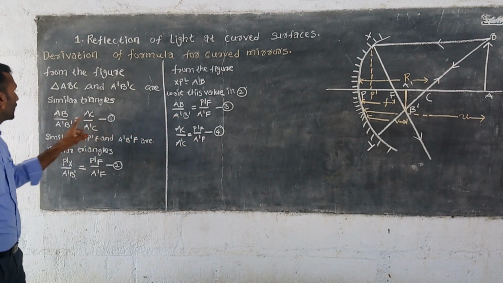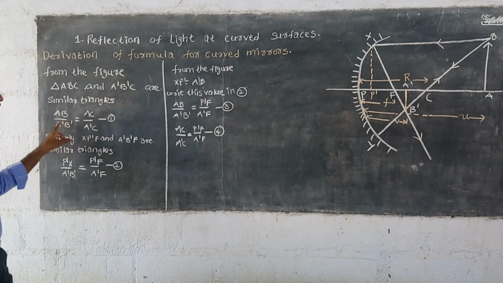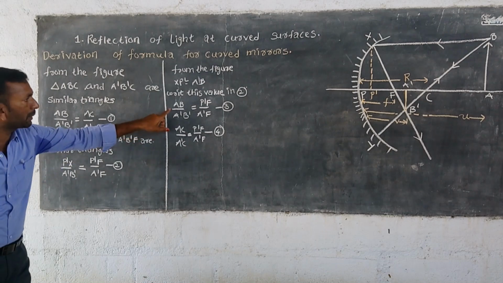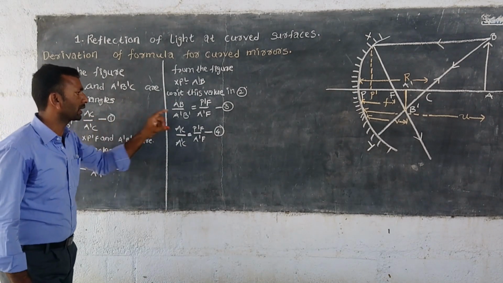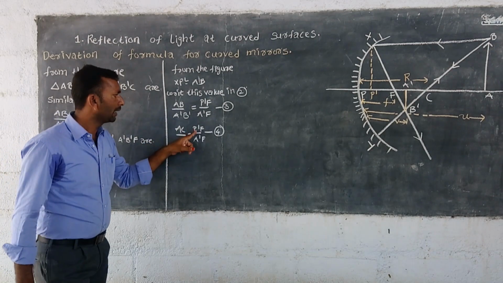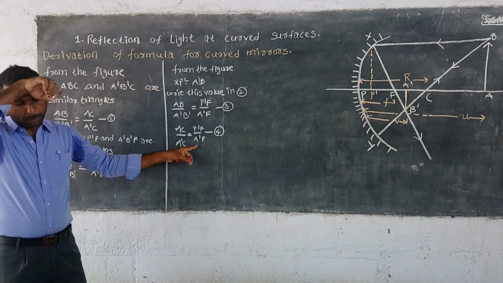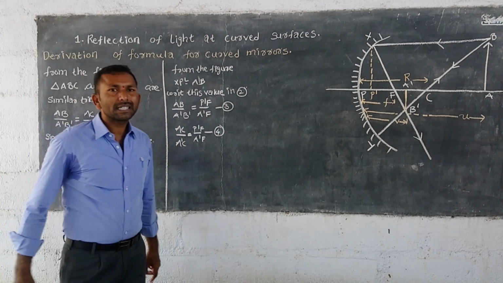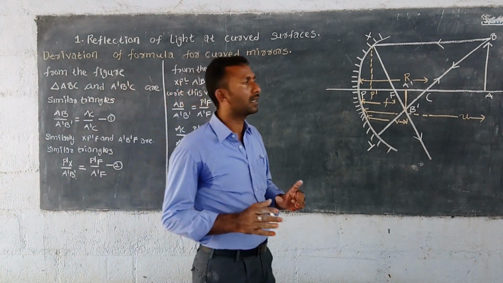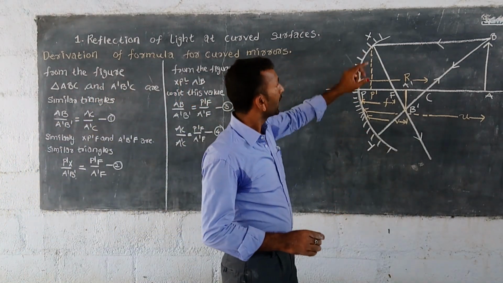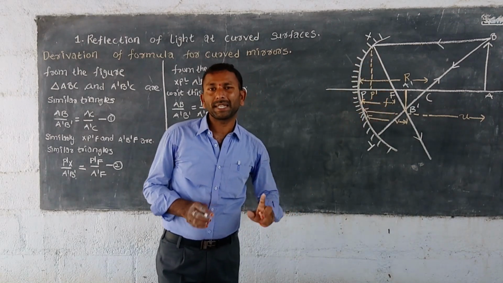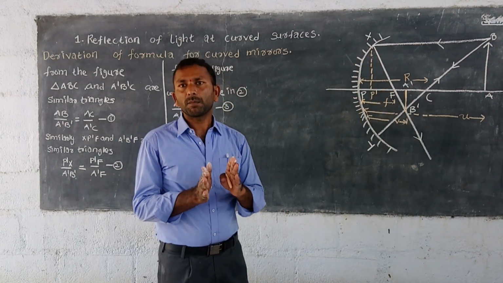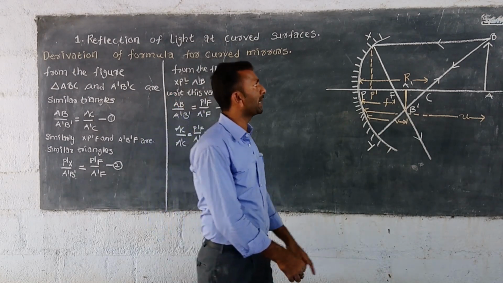Here this value, AB by A'B', is in both equations. If both these are equal, then we can write AC by A'C equals P'F by PC. Another thing we have here from the laws of light rays: if any light rays are paraxial rays, it means both the lines are almost going from the same place.